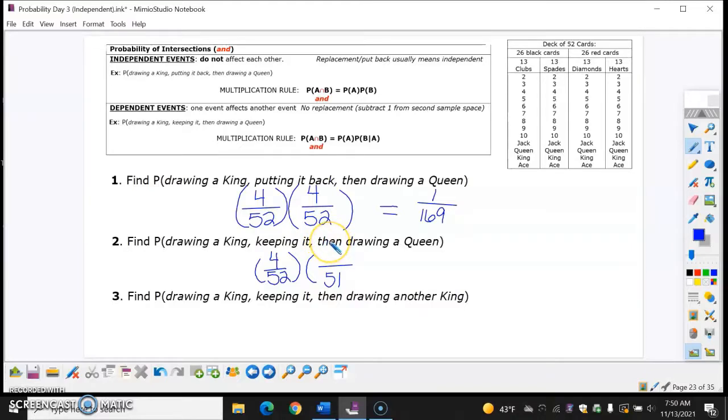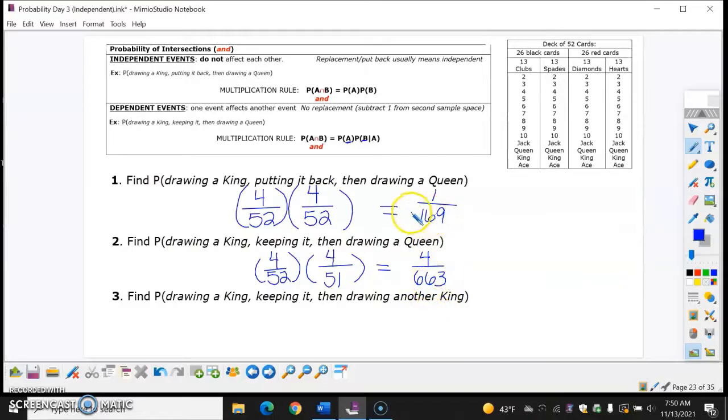How many of those are a queen? 4 of those are a queen. So the probability of a king is 4 out of 52. The probability of a queen, given that you drew a king and are holding on to it, is 4 out of 51. Okay, see if you can multiply and reduce that. So 4 out of 663 if you reduce it.